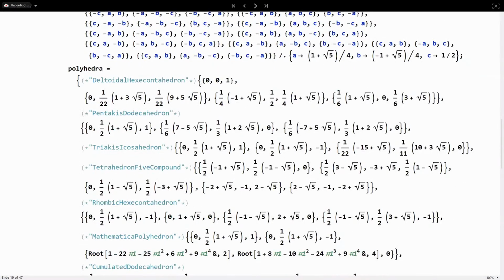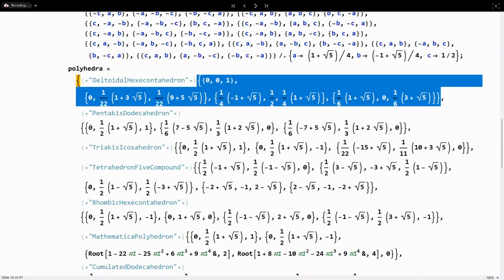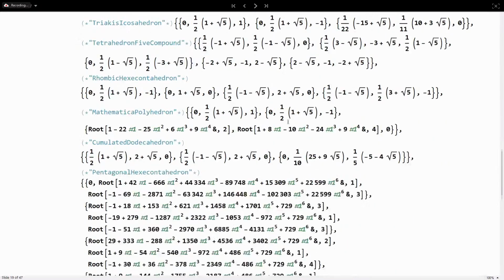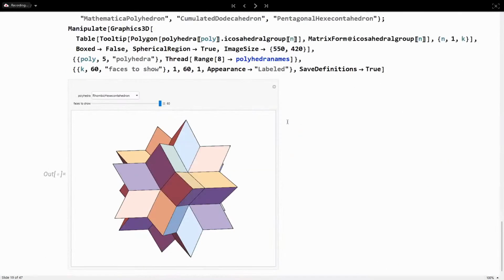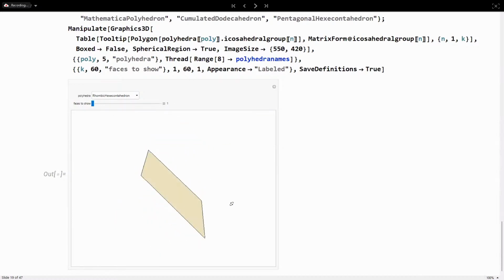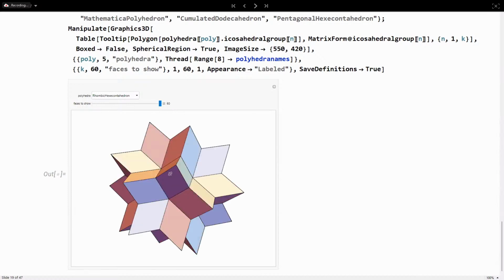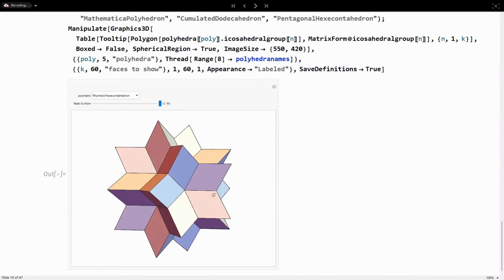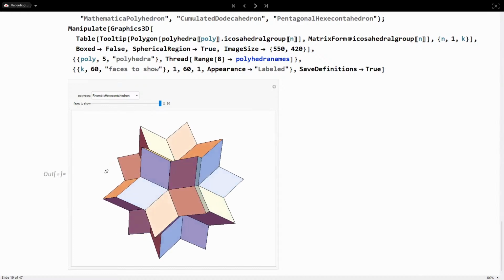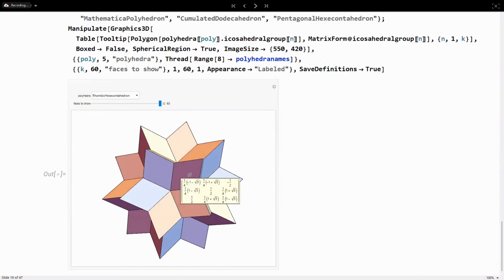And if you have a polygon, such as these here, we can make these objects. So we basically start with one polygon, and then we multiply it by the 60 elements of the icosahedral group.